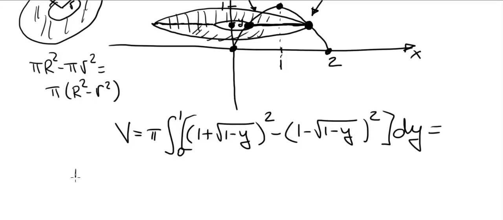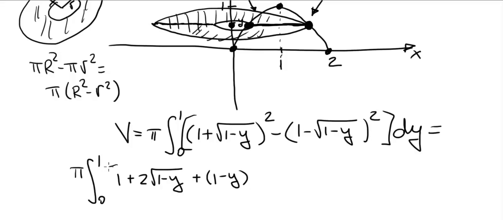Let's go ahead and simplify this. This is pi times the integral from 0 to 1. The first square gives us 1 plus 2 times the square root of 1 minus y plus 1 minus y. Let me put it in parentheses like that.